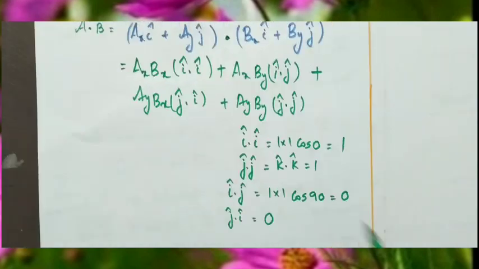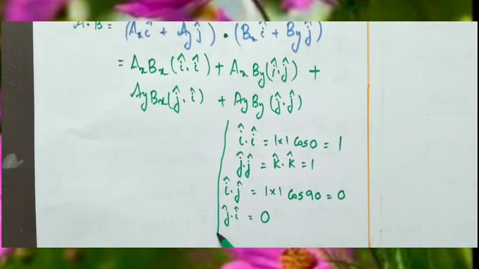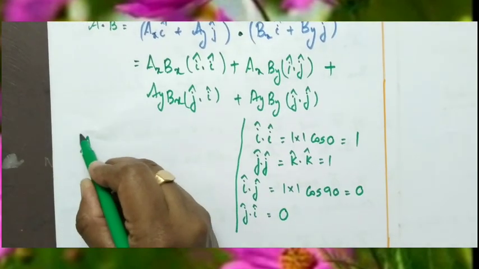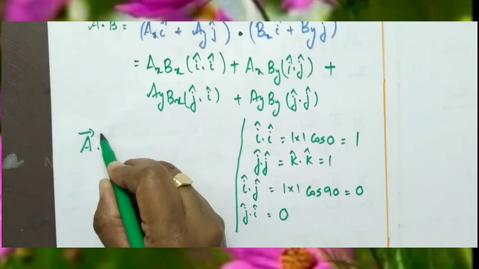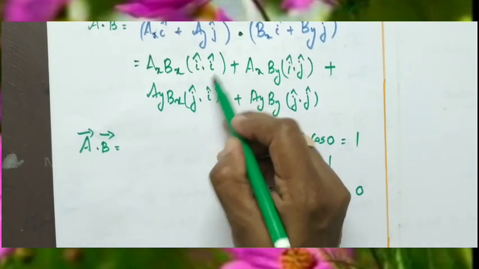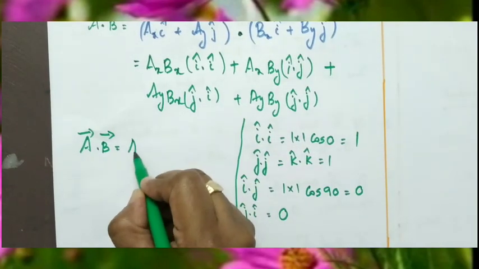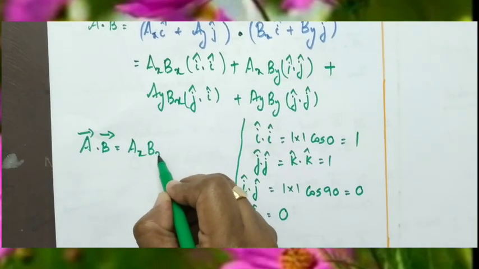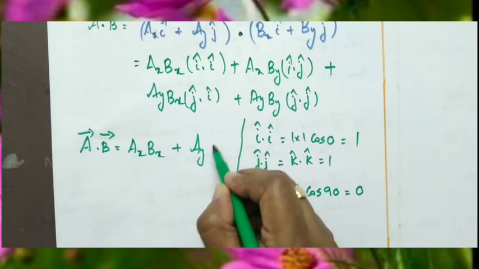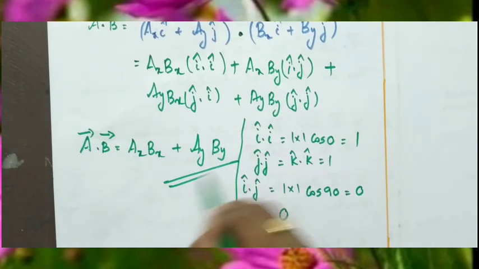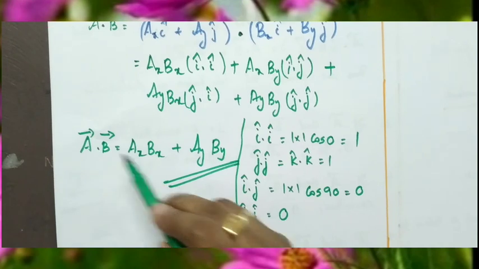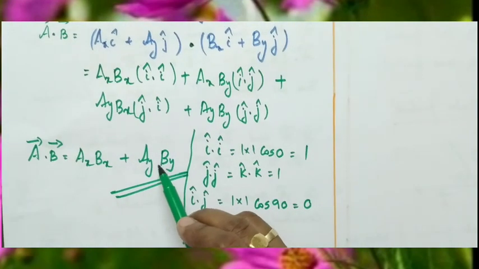Now we can write what is vector A dot vector B. How will you write that? i dot i equal to 1, j dot j equal to 1, and the remaining are equal to 0. So we can write Ax Bx plus Ay By. So vector A dot vector B can be written as Ax Bx plus Ay By.